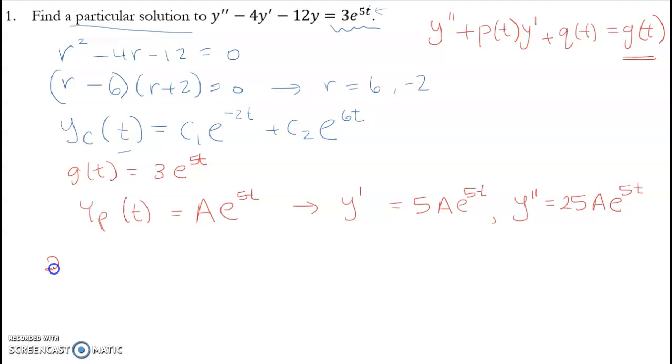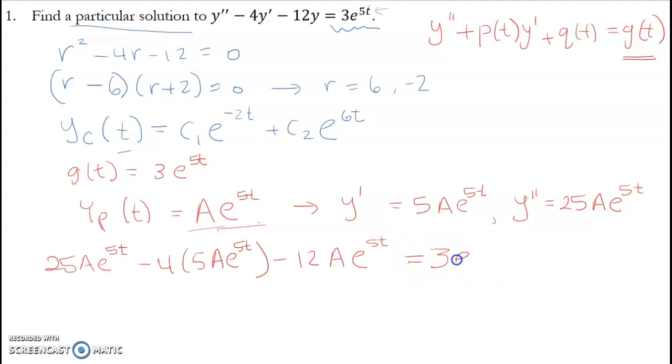So we have 25a e to the 5t minus 4 times 5a e to the 5t minus 12 times y, which is just a e to the 5t, and that should equal 3e to the 5t. So we have 25 minus 20 minus 12, which gets us negative 7a.